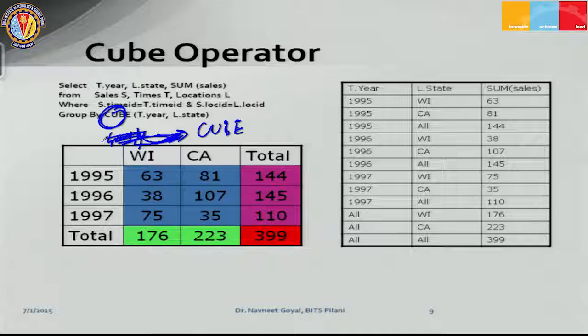Because this is an SQL query, it will generate a relation, and this is how it would look. You can see all the values: 1, 2, 3, 4, 5, 6, 7, 8, 9, 10, 11, 12 values have been generated using a single SQL query.